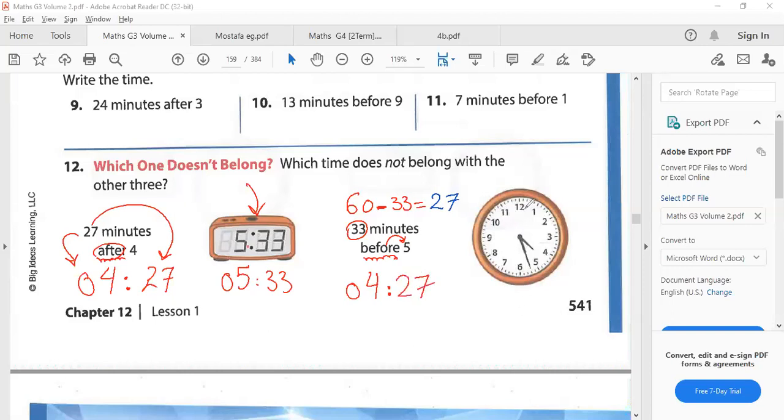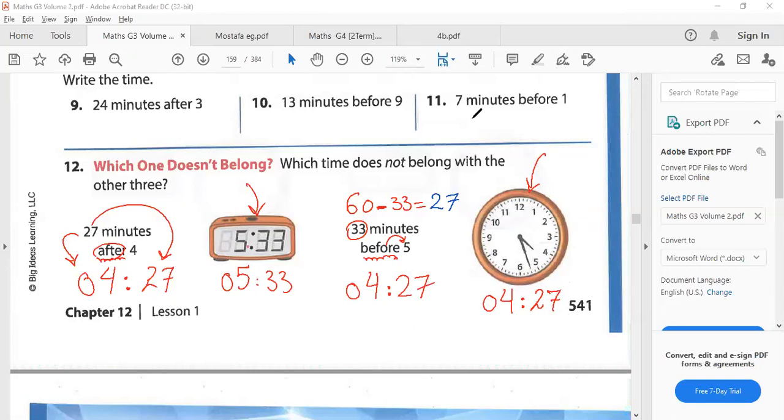The last one here is a real clock. Could you tell me how to write it down? What is the time here? 4 hours and how many minutes? 27 minutes. 27 also.